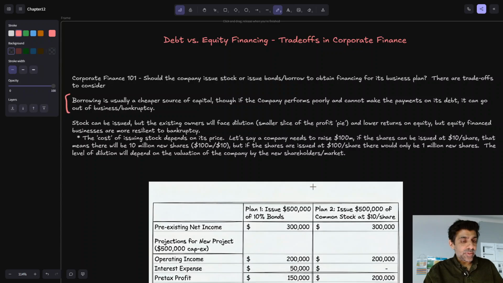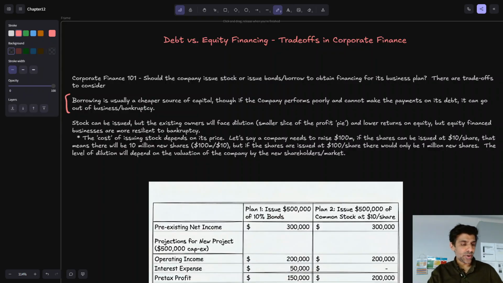Borrowing is usually a cheaper source of capital. Now, it doesn't seem like common stock is paying interest or has an actual fixed cost to it, but there's an implied cost because your business has a certain earnings per share. Oftentimes you can get a yield from that.